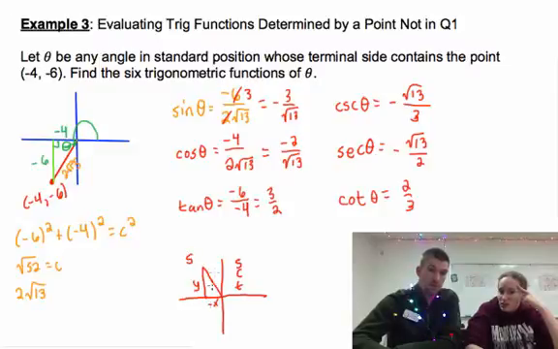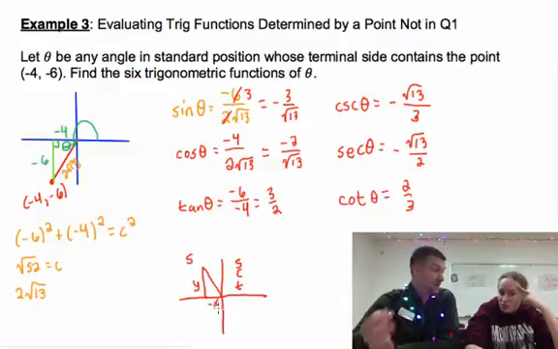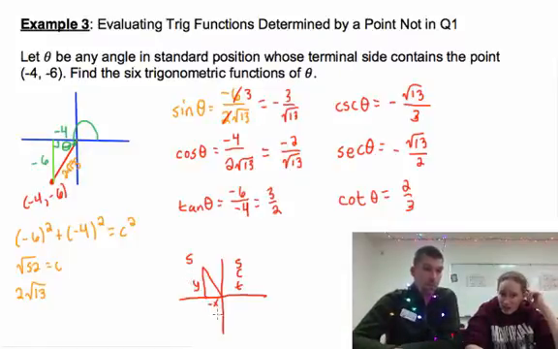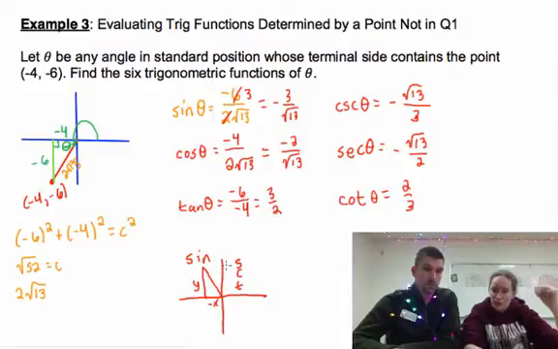But cosine won't be positive because it's adjacent over hypotenuse, and the adjacent this time is -x. A negative divided by a positive has to be negative. And our tangent would be negative because it's y over -x, so that's a negative number. So sine is the only one of the original 3 trig functions that is positive in the second quadrant.